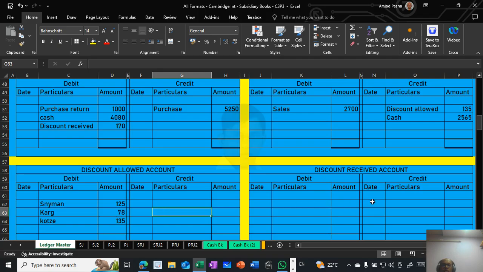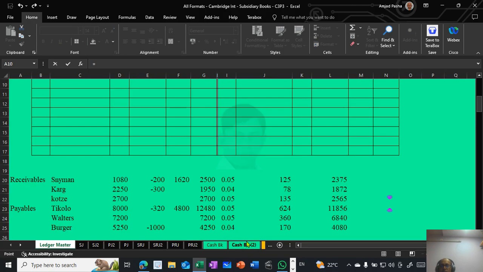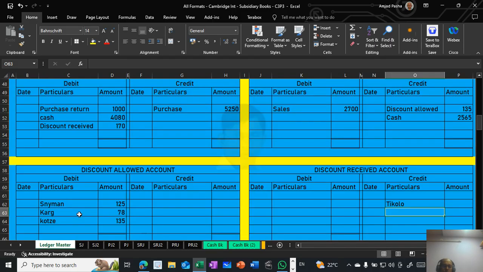And we have received discount from accounts payable. So we have to record here. It is an income, so we will credit it. So who are the accounts payables? These three are accounts payable: Ticolo, Walter, and Berger.